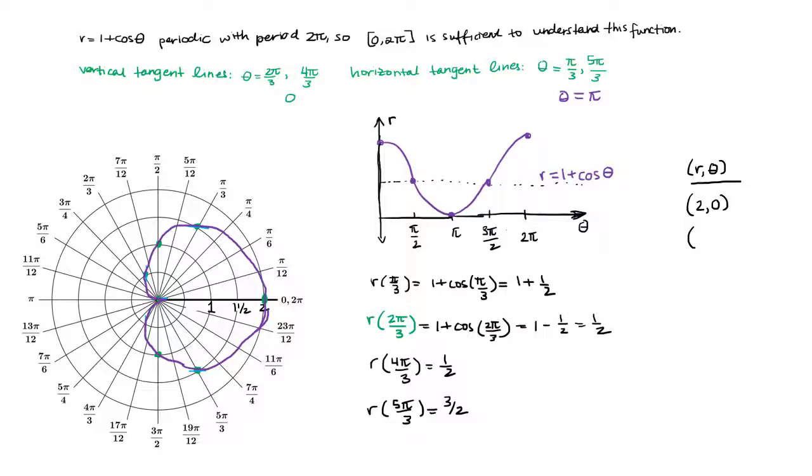We plotted 1.5, pi over 3, and then 1, pi over 2. Then 1/2, 2 pi over 3. And 0, pi.